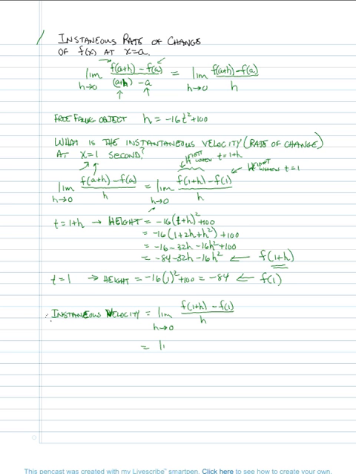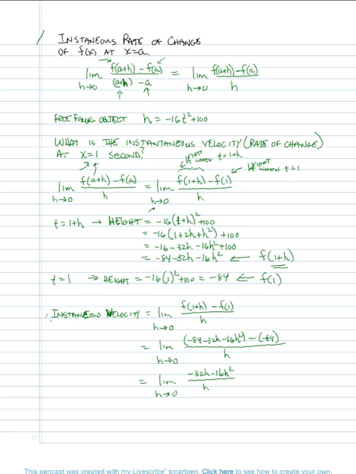And we calculated that f of 1 plus h was 84 minus 32h minus 16h squared, and we subtract f of 1, which was 84, and that's all divided by h as h approaches 0. On top, when we simplify, we have a negative 84 and a plus 84, so we're left with negative 32h minus 16h squared, all divided by h, as h approaches 0.